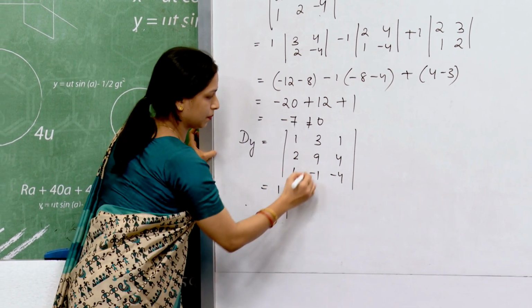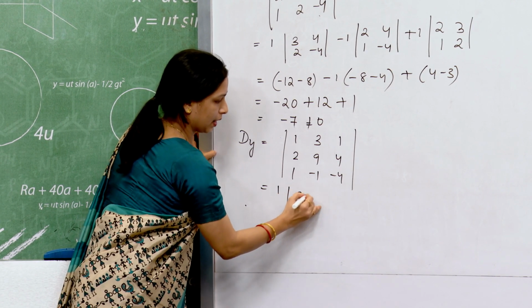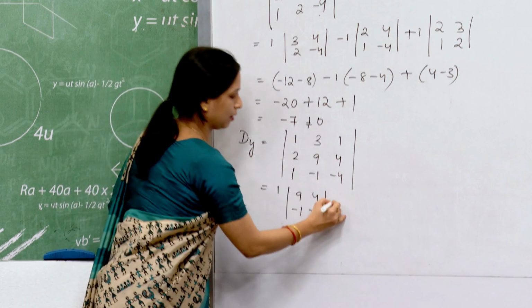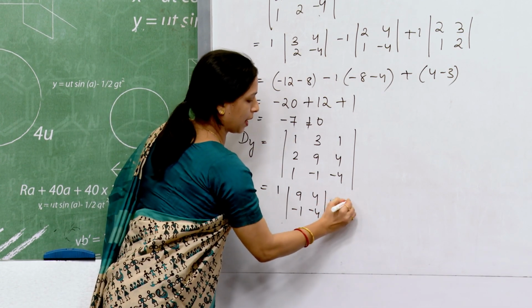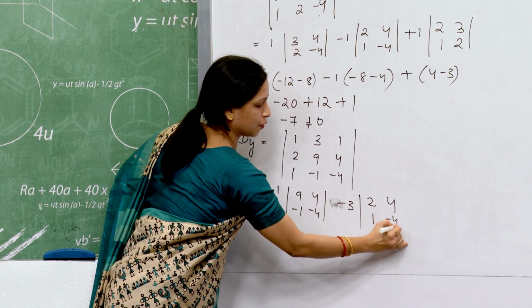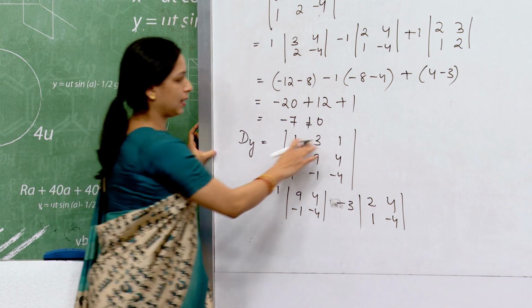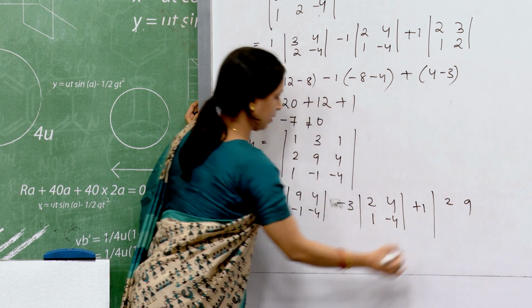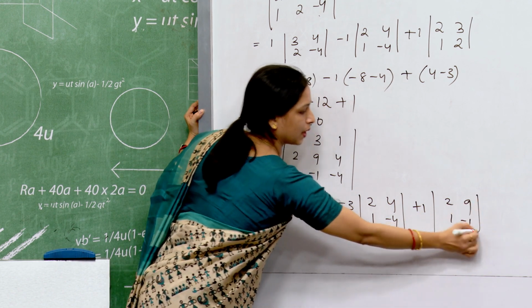So, 1 times the determinant 9, 4, minus 1, minus 4, again minus 3 times 2, 4, 1, minus 4. Then next plus 1 times 2, 9, 1 and minus 1.